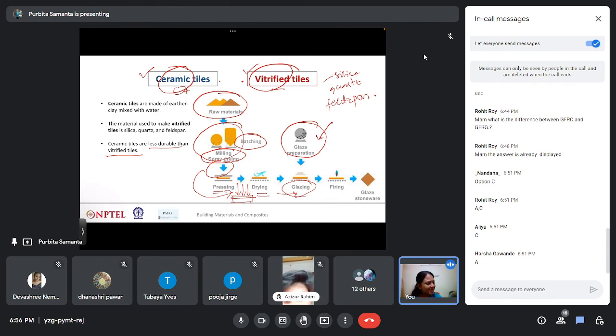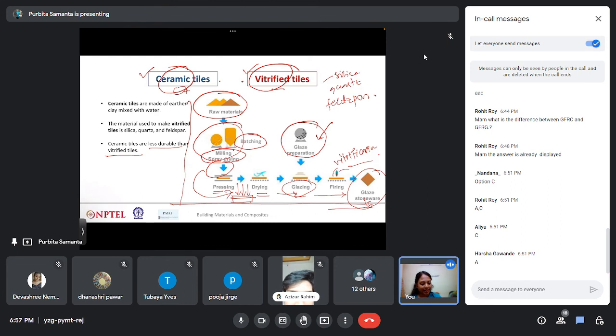So glazing is done. After that, firing is done, which is also known as vitrification. Basically you are firing the unfired tiles, and then the final material is available to us. So this is the entire process of how tiles are manufactured.